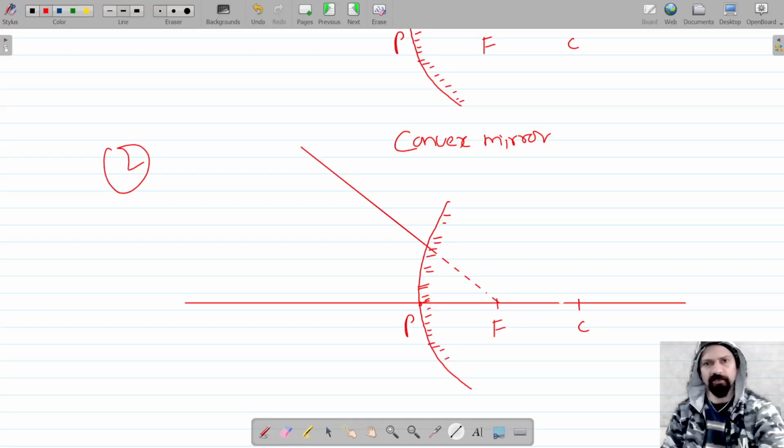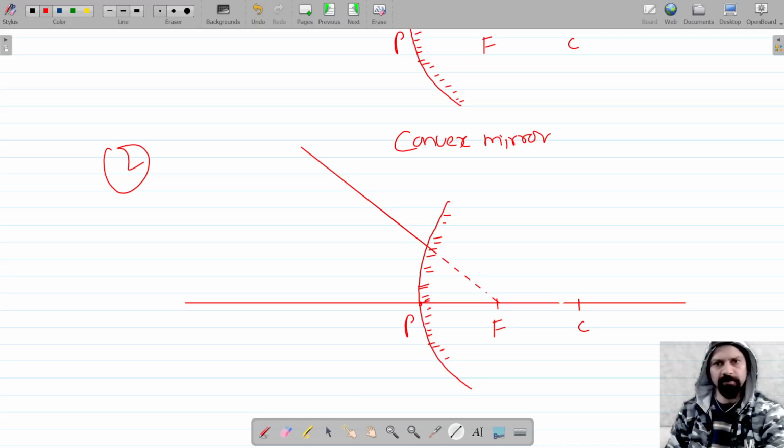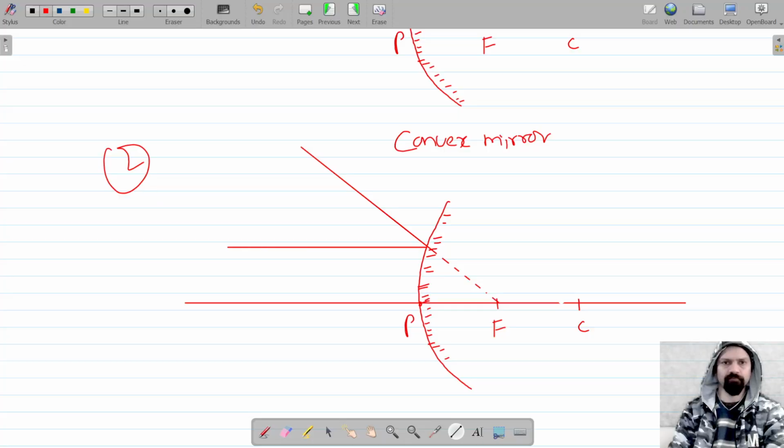If it's directed towards the principal focus, it will be reflected parallel to the principal axis. So this is how it will be reflected. This is the normal.